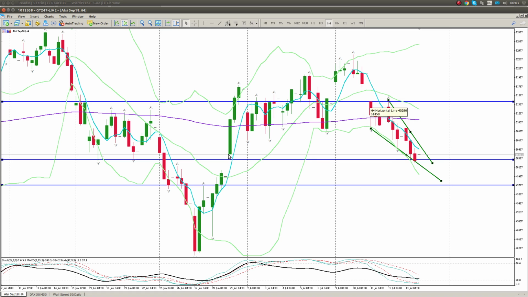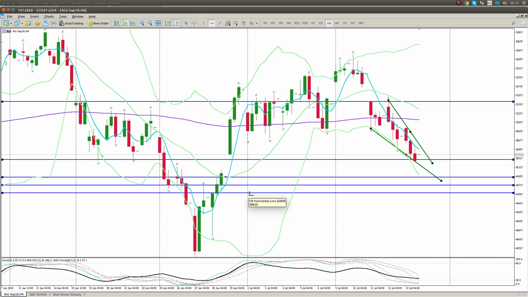We've broken through a level here, but if you look to the left, you'll see that we're interacting with these 2 tails at the moment. So this is the area that we're looking for, and I'm just going to add another level here, because that inside tail would be an interesting area to watch, and so would that area.